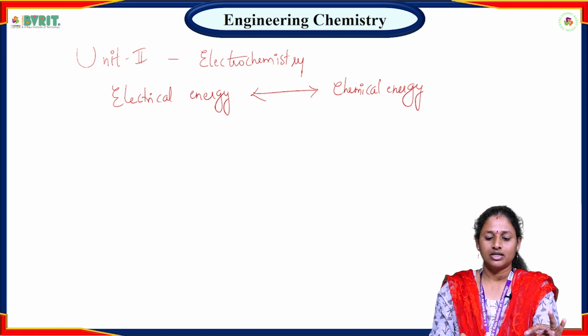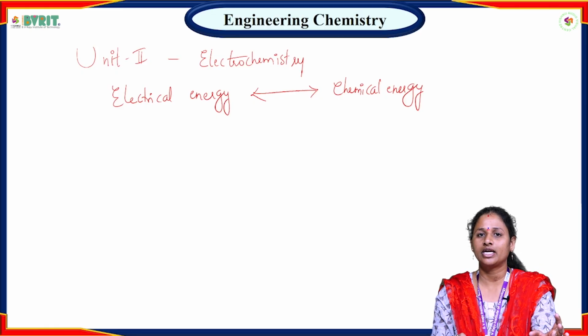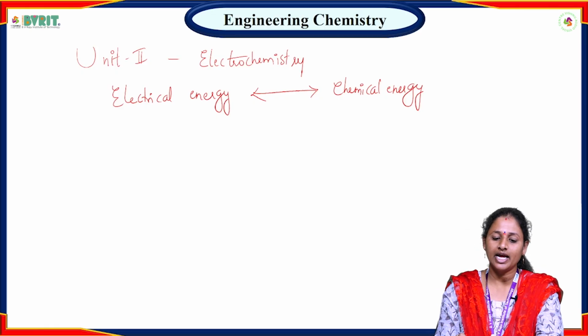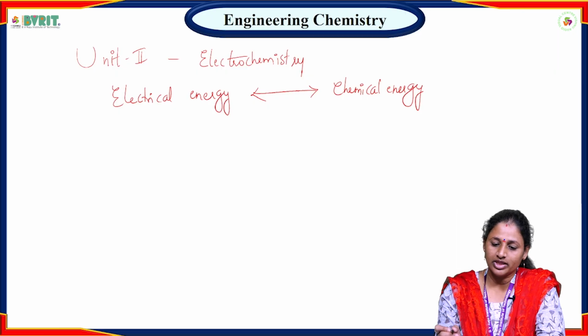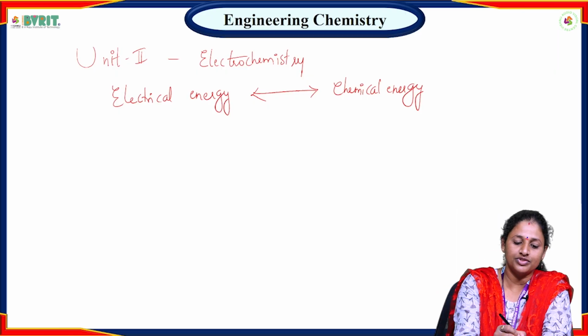It means in one process we can convert electrical energy into chemical energy, and chemical energy will be getting converted into electrical energy. So depending on these two processes, we have two different types of cells.